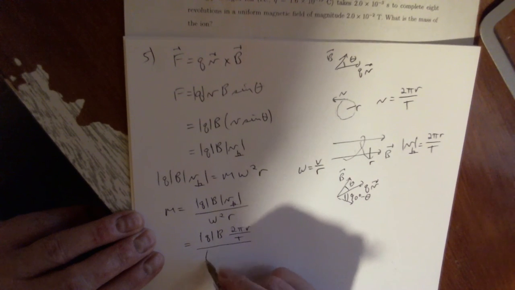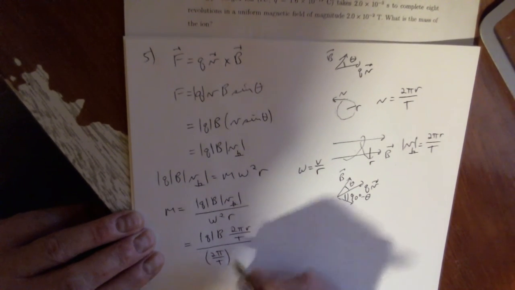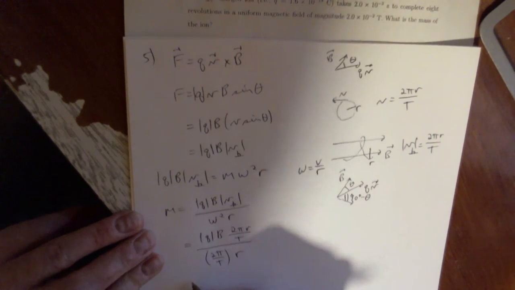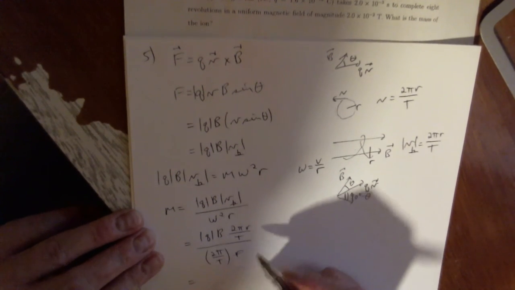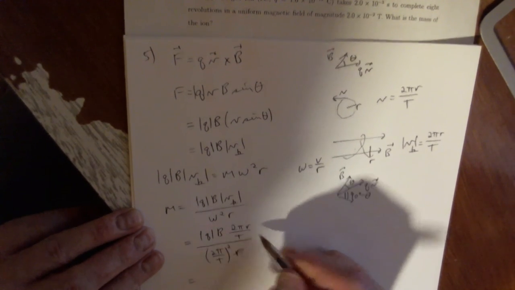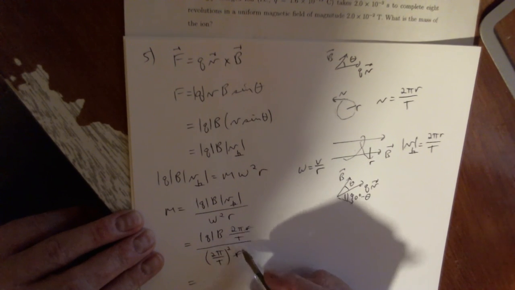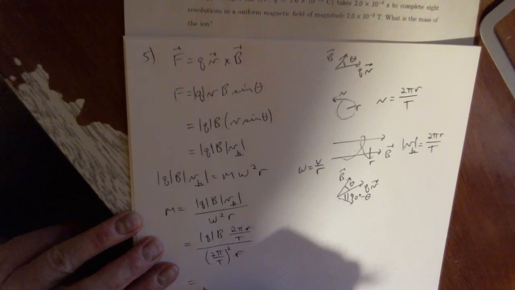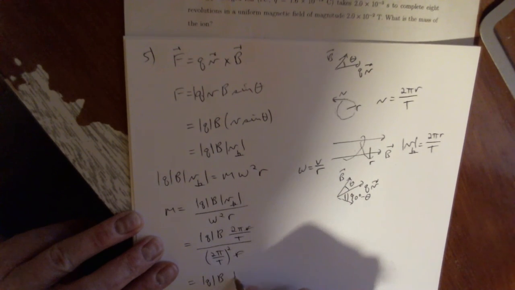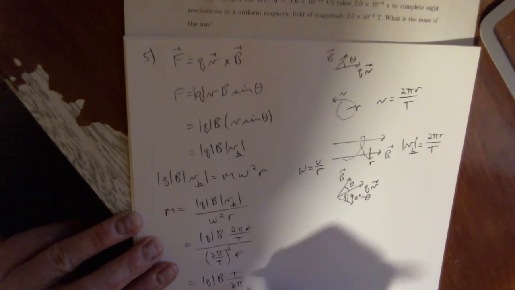Omega is 2 pi over the period. It's the angular velocity, and times r. Oh, and this is omega squared. So my r's are going to cancel. One factor of 2 pi over the period is going to cancel. So I get qB times period over 2 pi.